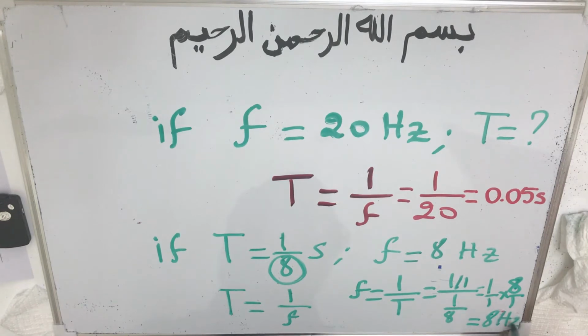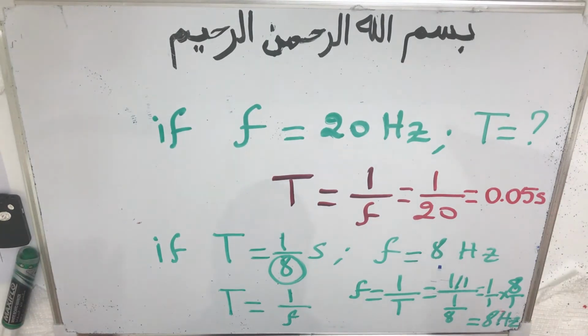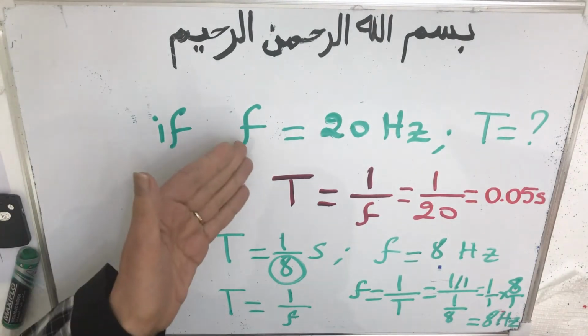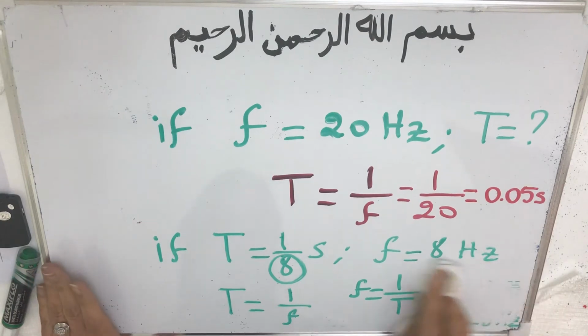I hope that this is crystal clear. This is super duper easy. If you've got the frequency, you could get the period, it is just 1 over F, and if you've got the period, you could also calculate the frequency.